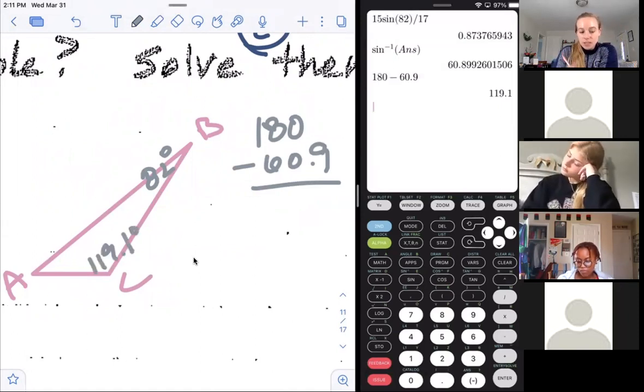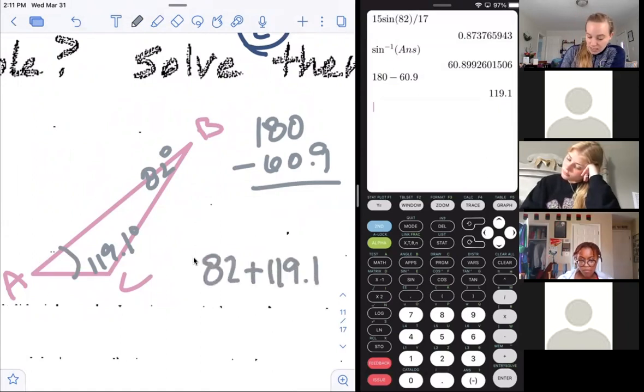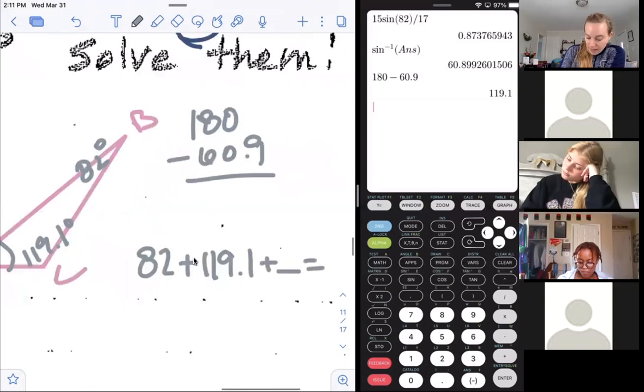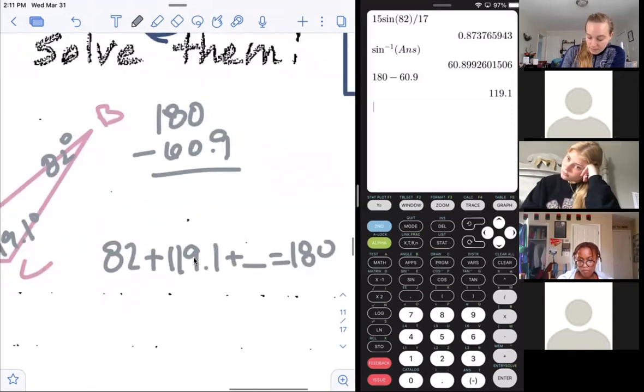And we have to use our knowledge of a triangle to see if there's enough angles left for angle A. You know that the sum of a triangle is 180. So I'm essentially asking myself, if I do 82 plus 119.1 plus something, is that going to equal 180?